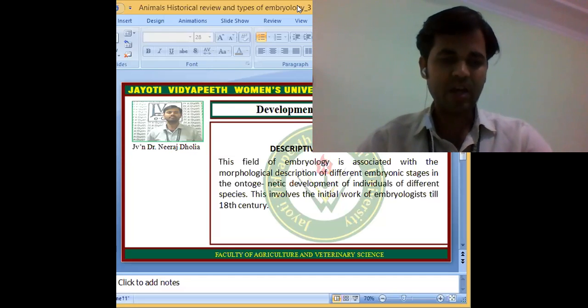So it describes each and every step of the embryological development from the zygote to the complete animal before birth.